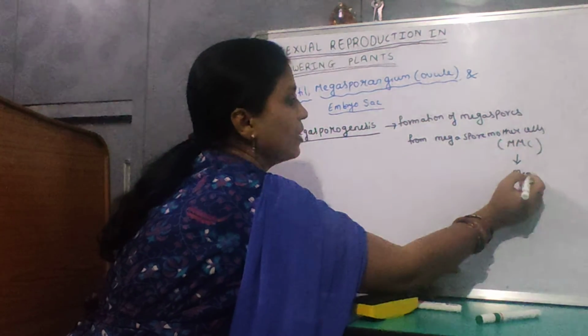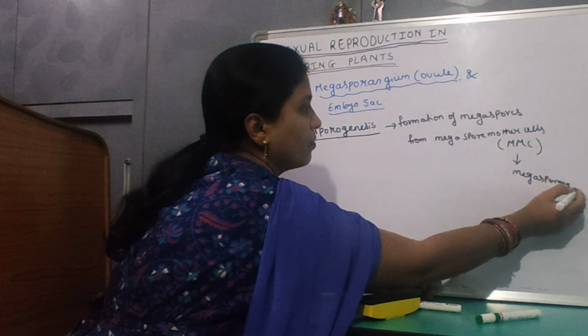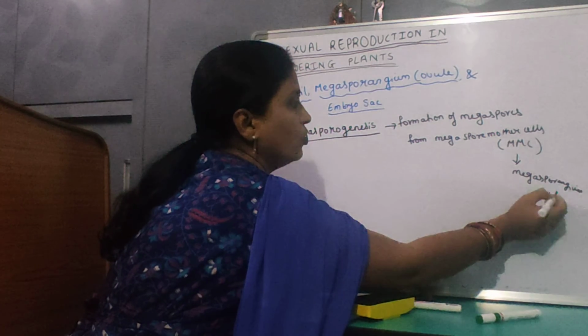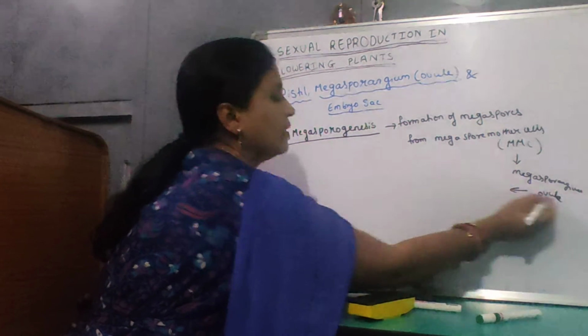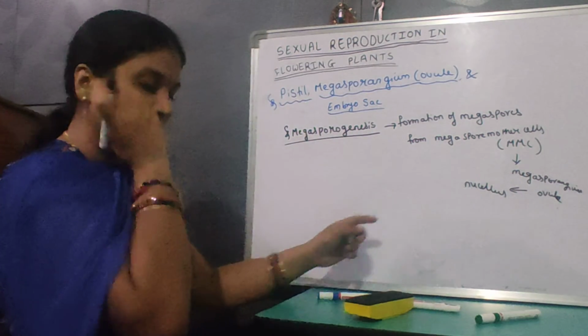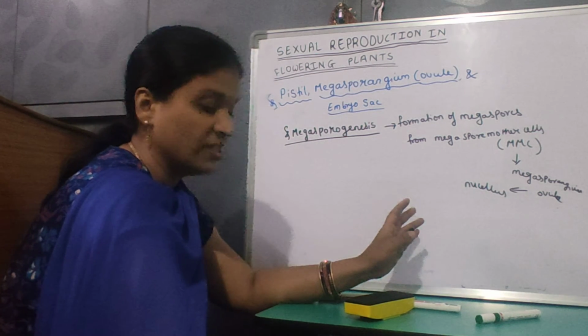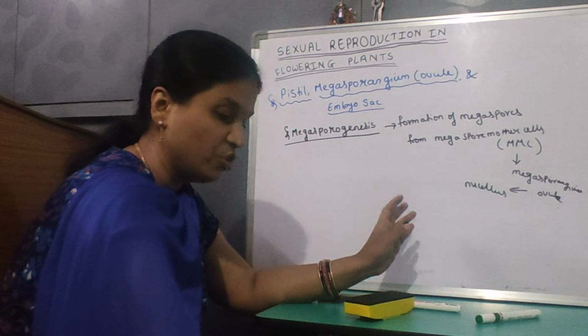In the megasporangium, which is the ovule, that is in the nucellus. The formation of the megaspores from the megaspore mother cell is called megasporogenesis.